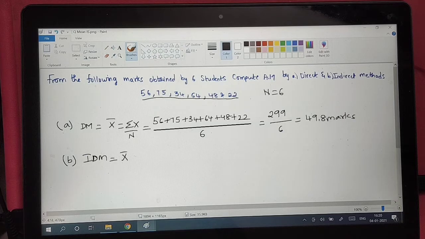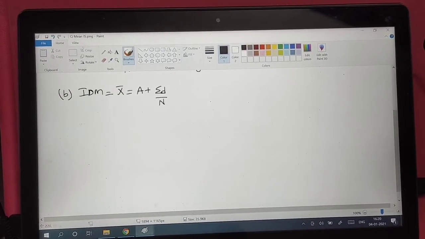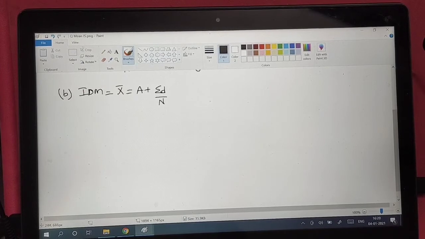your formula changes to x bar equals a plus sigma d by n. So now let's find each of these values. Firstly, let me put down all the marks here. Marks, I will denote as x. So I have the marks as 56, 75, 34, 64, 48 and 22.